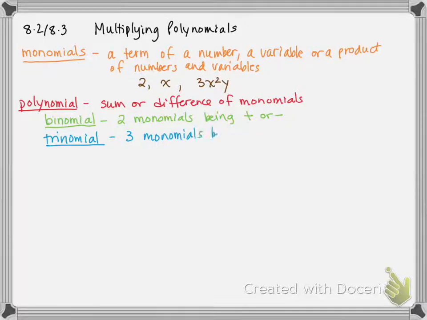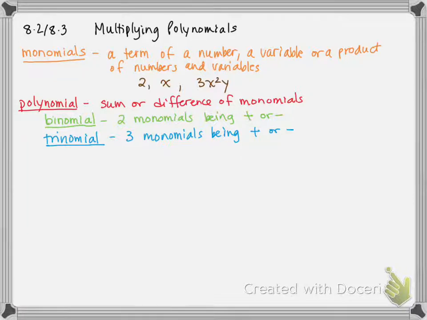And again, being added or subtracted. Okay, so again, polynomials include adding or subtracting, sum or difference, okay? All right, so sometimes the book will just call a trinomial the sum of monomials, and you're like, well, so you can't subtract? And the answer is yes, you can, but remember we can rename subtraction as adding the opposite, okay?